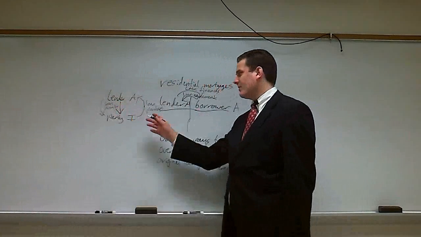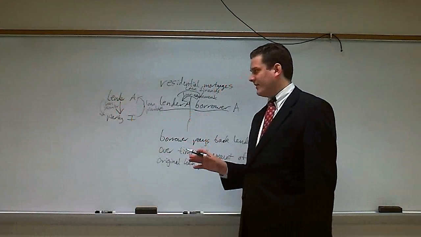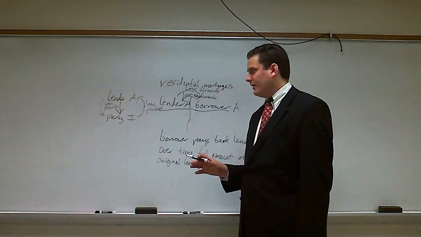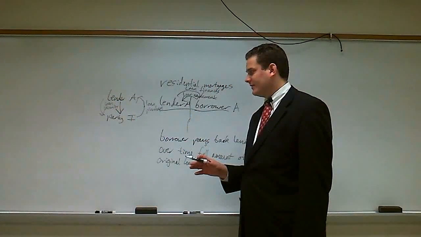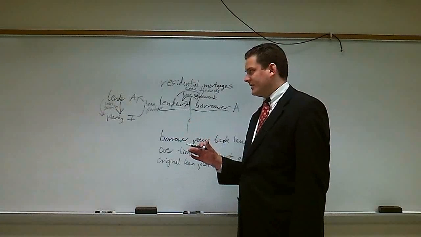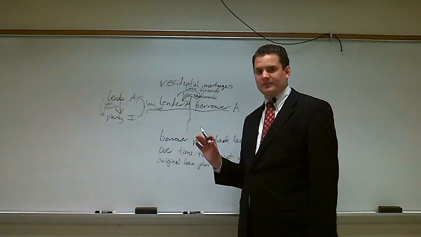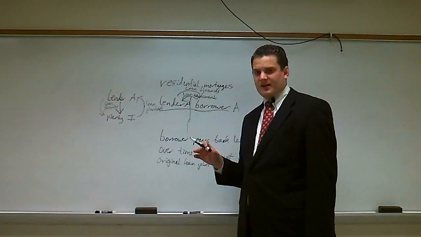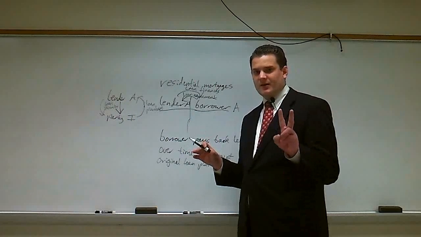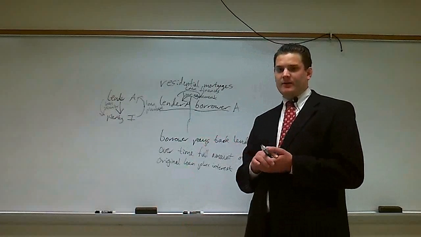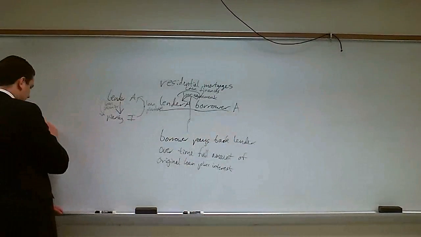So what would happen is Party 1 would purchase the loan from Lender A. Party 1 would give Lender A some value to purchase the loan, and then in exchange, Lender A would give the security of the loan to Party 1. Okay. Now, why this oftentimes was done is two big reasons. Okay, and this goes back to the market interest rate model that we had discussed in class.